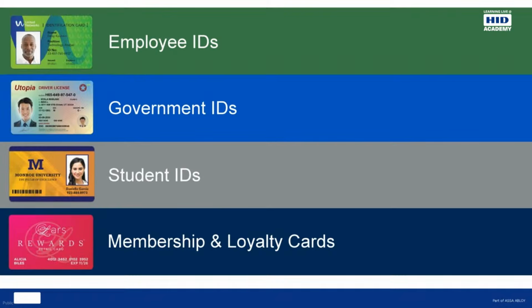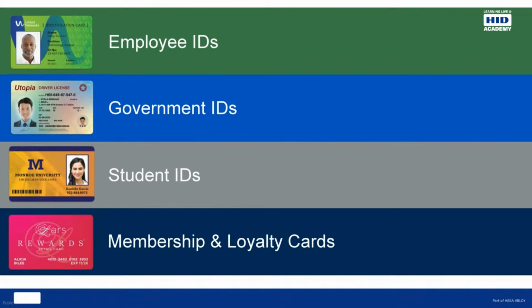Now in healthcare, it's a little different, but durability is still key. Those badges are used all day, exposed to chemicals and constant wear. So again, the HDP is probably going to be your best fit for the healthcare industry. Now for things like student IDs and membership and loyalty cards, typically you have high volume and those cards don't need to last as long.